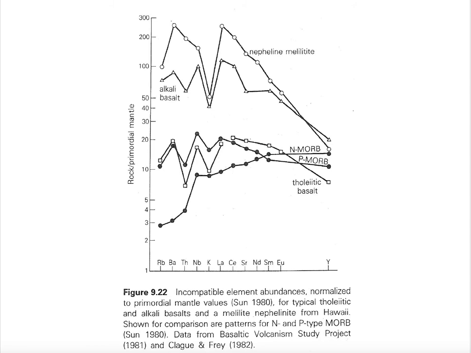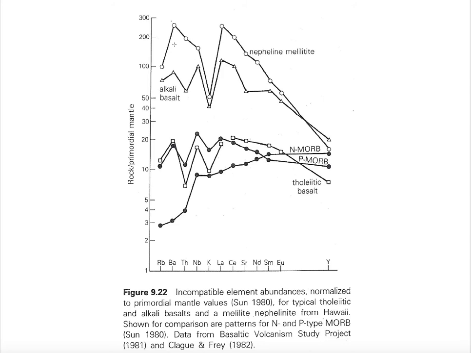So here we have the next spider diagram, rock to primordial mantle normalized. Then we have here the N-MORB, the P-MORB, and the tholeiitic basalt.